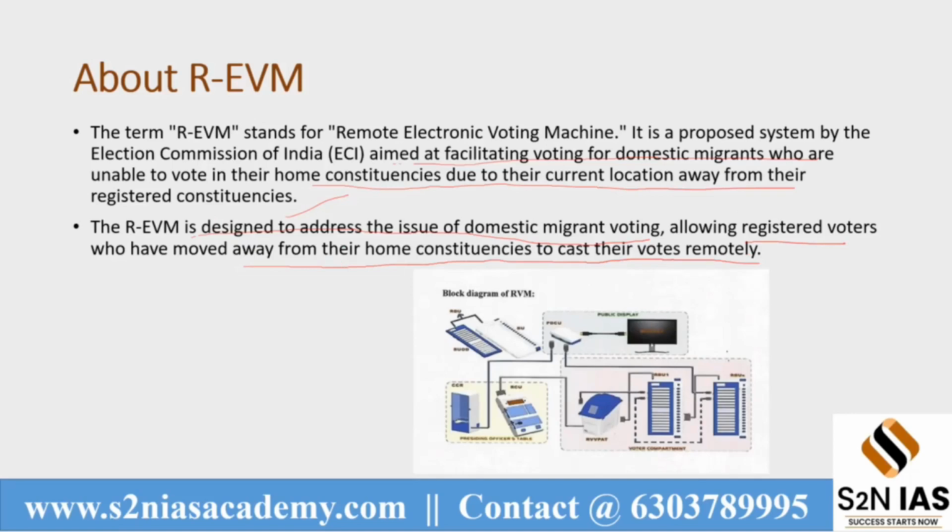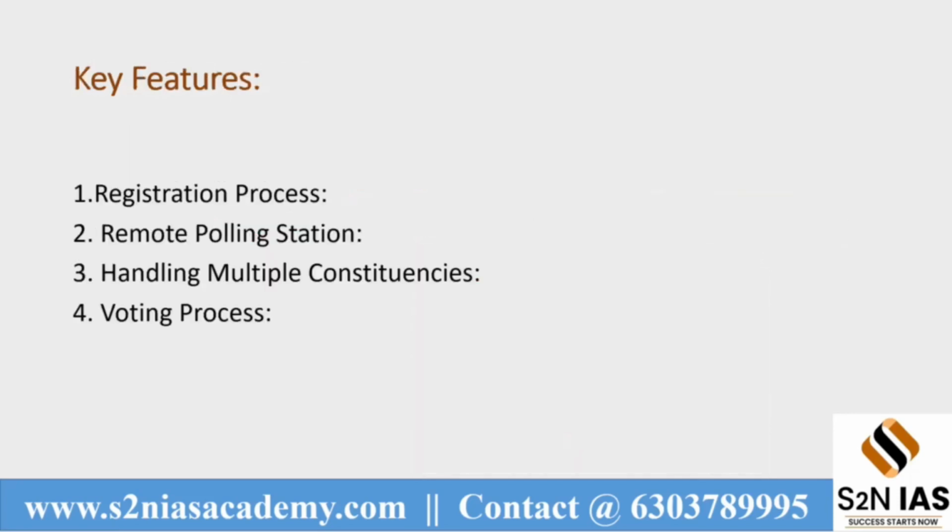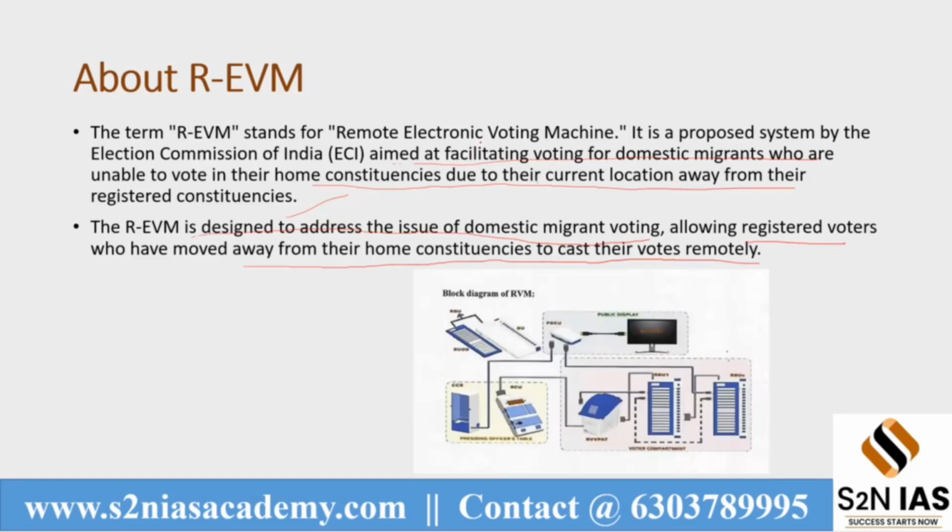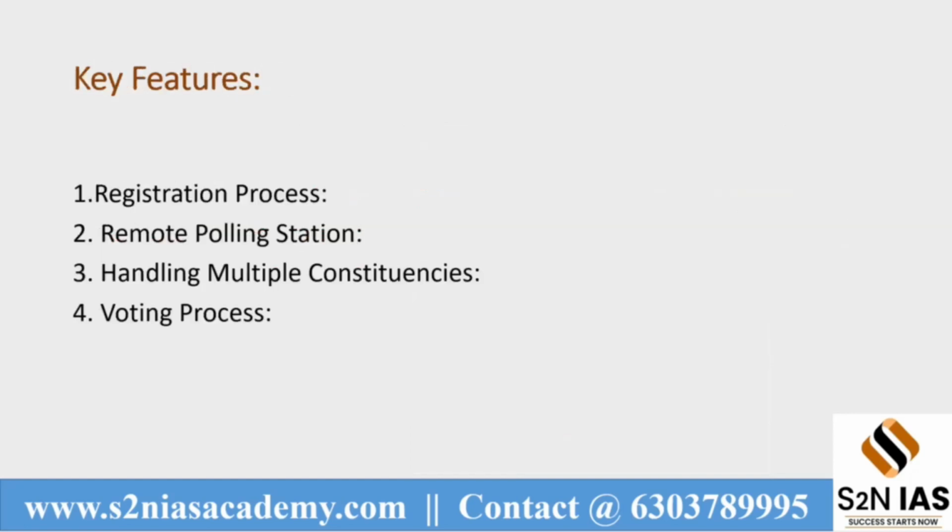This is the block diagram of REVM, how it works. Next, in the coming slides, we will discuss the working of REVM. What are the key features? First one is the registration process.